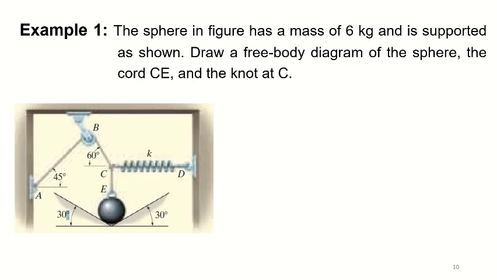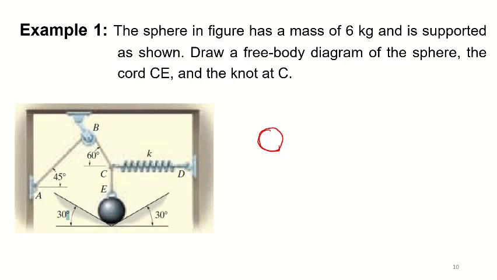So if we take the sphere first, what should we do when we need to draw the free body diagram? First, we should cut all these supports and take the sphere out, and draw the outline of the sphere.